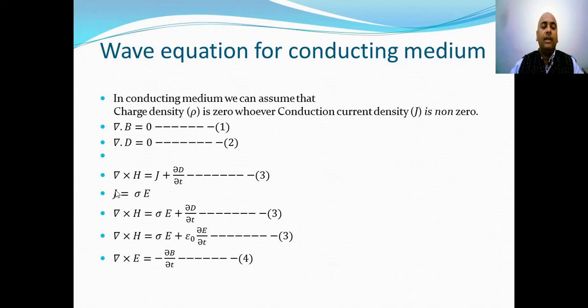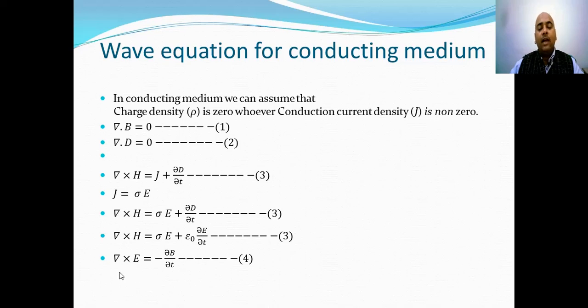The conduction current density J is related to the conductivity of the conductor and electric field E. So we can say that curl of H is equal to sigma E plus ∂D/∂t. Again, we know that D is equal to epsilon naught E. So ultimately, we can write that curl of H is equal to sigma E plus epsilon naught ∂E/∂t.